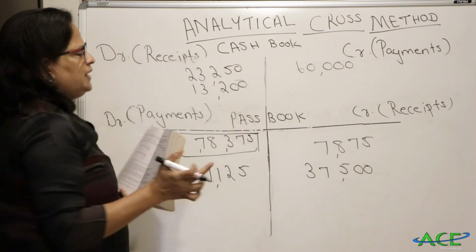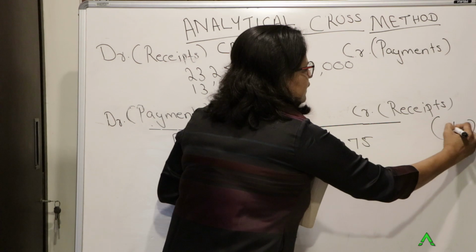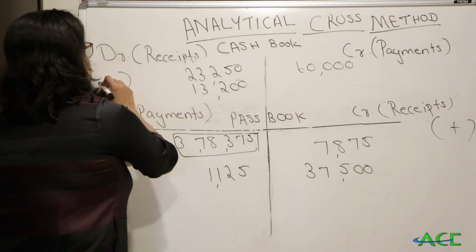Now you have to find the cash book balance. So here it will be plus and here it will be minus.